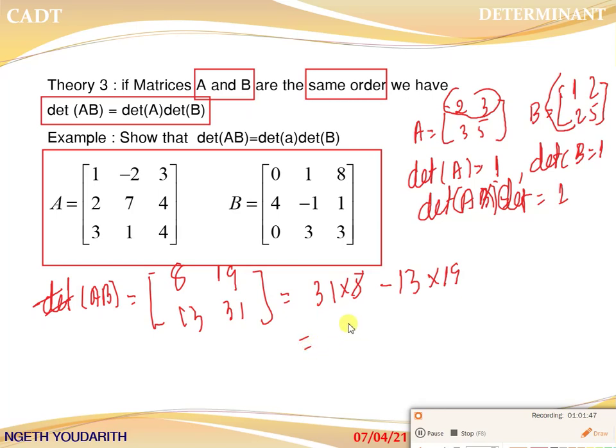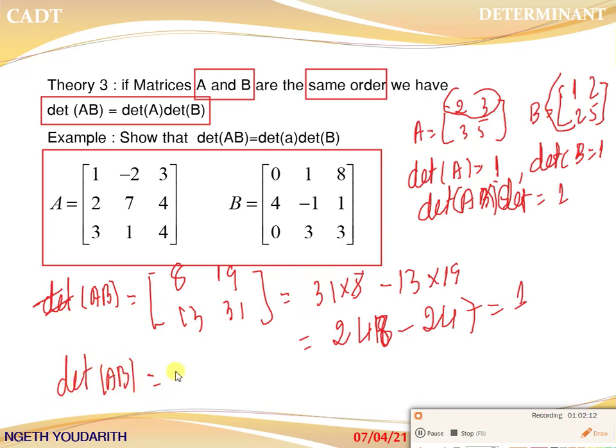This one is 1 and this one is 8. This one is equal 1. So we get determinant AB equal to determinant A and determinant B equal 1.